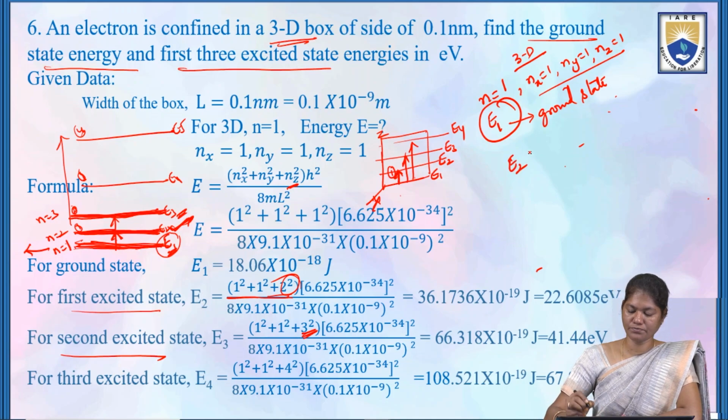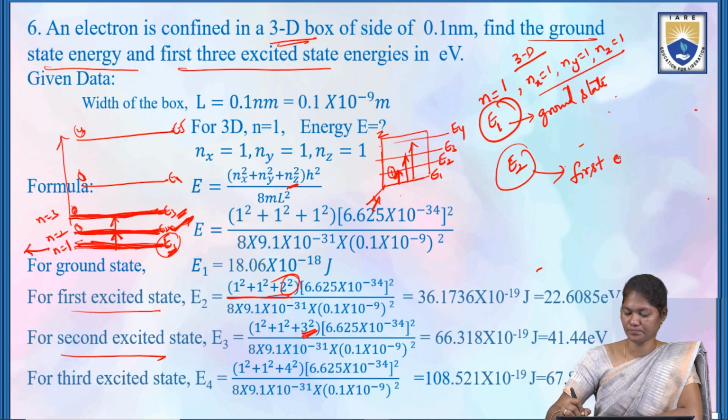E2 is the first excited state. So we will get the first excited state when n is equal to 2.